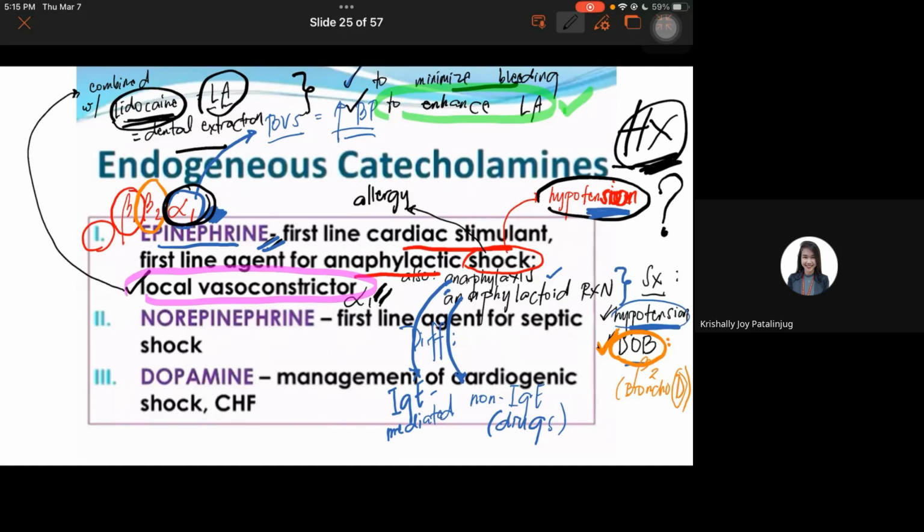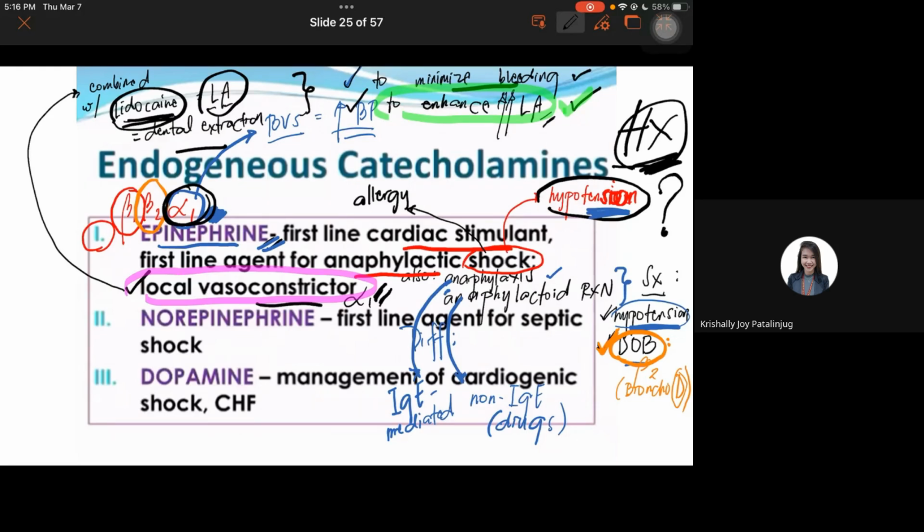So i-constrict niya ang vessel sa portion sa area na yon para ma-accumulate ang local anesthesia. Yung lidocaine nga effect, ma-accumulate doon para enhance ngayon yung anesthetic effect. Okay, so yan yung reason bakit kino-combine na this time ang epinephrine with lidocaine. So ngayon kung magpaibot mong ngipon, kanang gina-inject nga anesthesia actually combination na siya ni epinephrine and lidocaine. Okay, so ito yung mga beneficial effect. Why it is combined with lidocaine, being a vasoconstrictor.